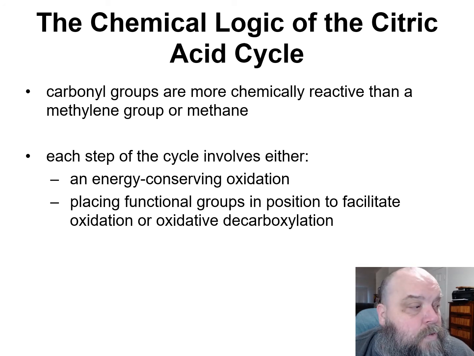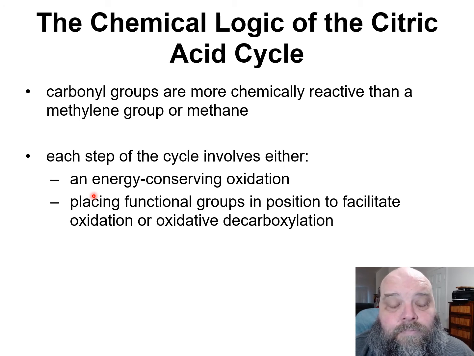So a lot of what we're going to be doing here is making small steps so we can have energy conservation. Okay? We want to minimize loss. So we're going to be looking at moving the functional groups, putting them in position to facilitate oxidation or oxidative decarboxylation.